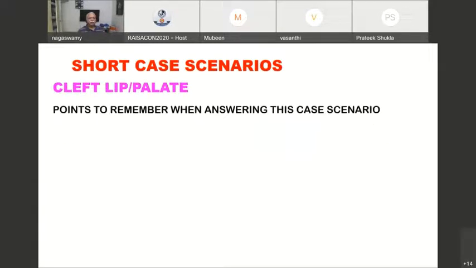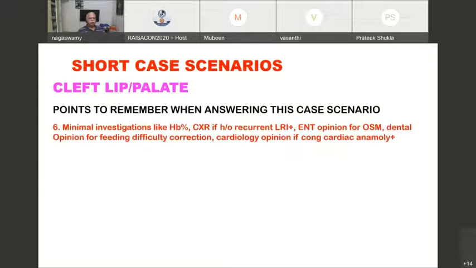Then continuing the points to remember, you have to minimally investigate the child. Don't ask for too much, because most of them are otherwise healthy unless they are associated with a syndrome or a congenital heart defect. You ask for minimal hemoglobin, coagulation profile.